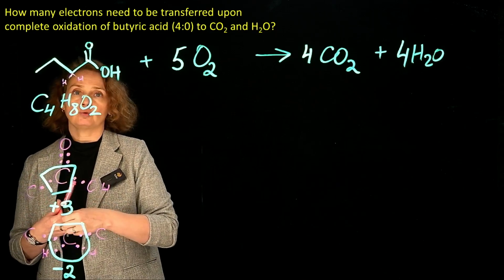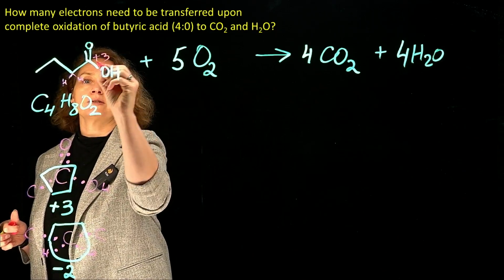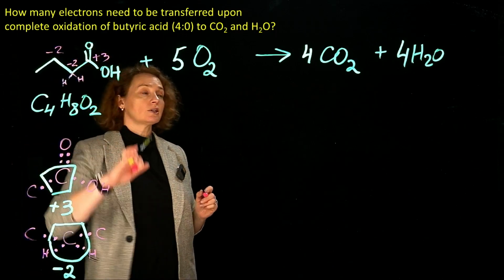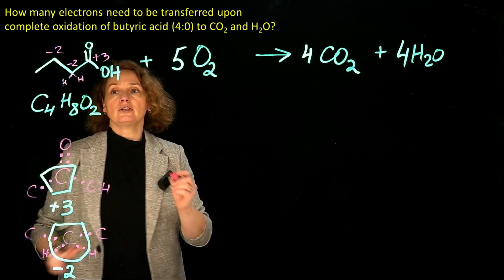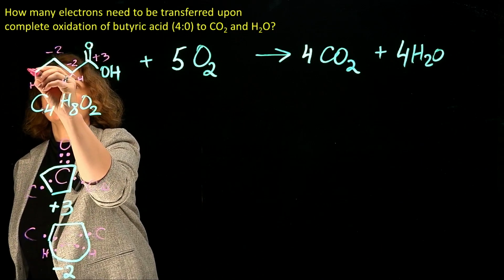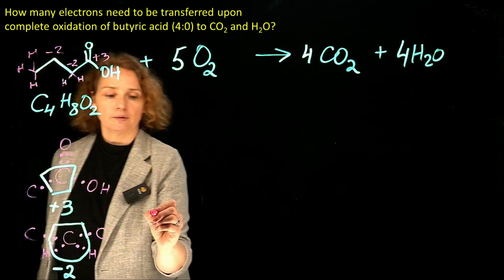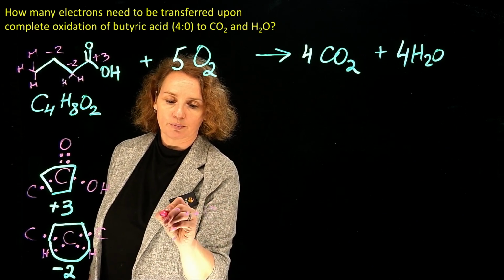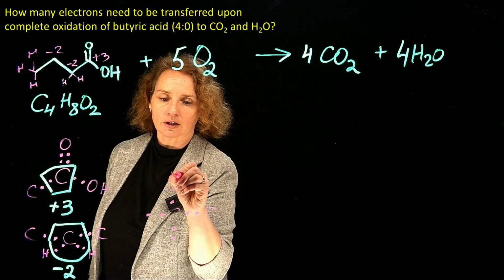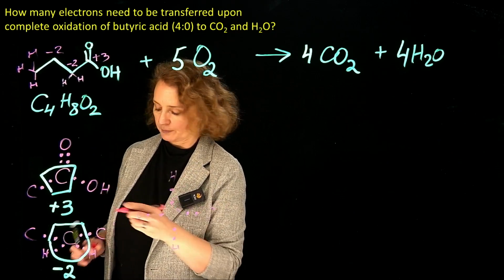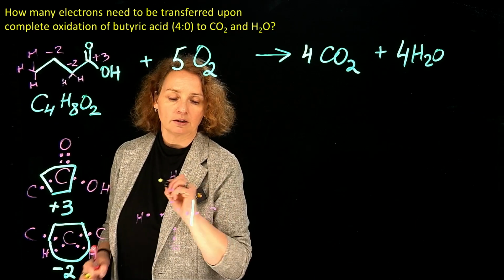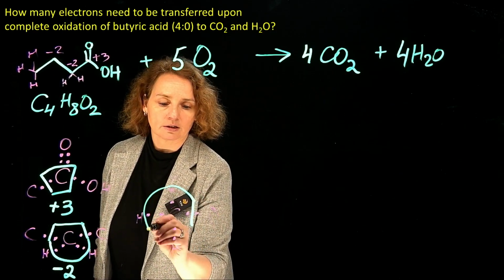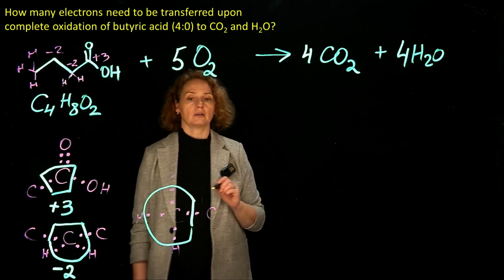So the oxidation state here is -2. And we have 2 such carbons. So we determined +3 for this carbon, -2 for this carbon, -2 for the next carbon, because it also has 2 hydrogens. And the last carbon here has 3 hydrogens. So when we draw the Lewis structure, this carbon will claim 1 electron from the carbon-carbon bond, and all electrons from the carbon-hydrogen bonds.